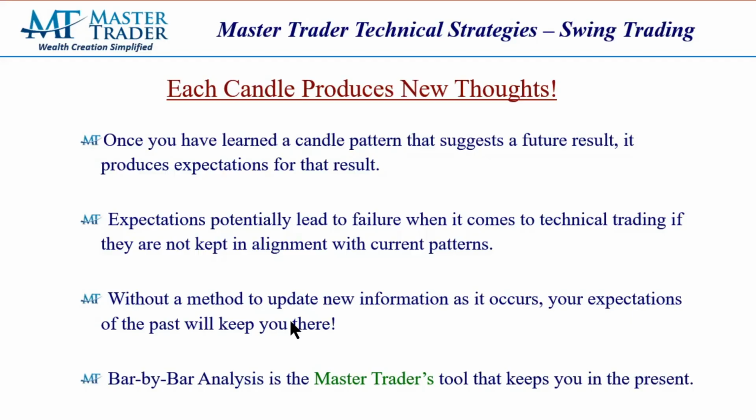So you have a method for updating information. What we see, as powerful as it is, there are times when it may not follow through. So you have the tools to keep you going forward and not in the past. And that is the power of bar by bar analysis and what master traders use to keep you in the present and protecting you from disaster.